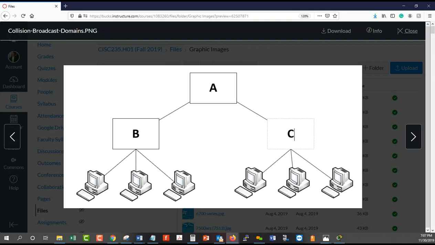So if you count the PC connections, there are 6 of those: 1, 2, 3, 4, 5, 6. Those are 6 separate collision domains. Then up above, A, which is a hub, makes one large collision domain. So altogether there are actually 7 collision domains. Yes, exactly. 7 collision domains and 1 broadcast domain. Perfect.